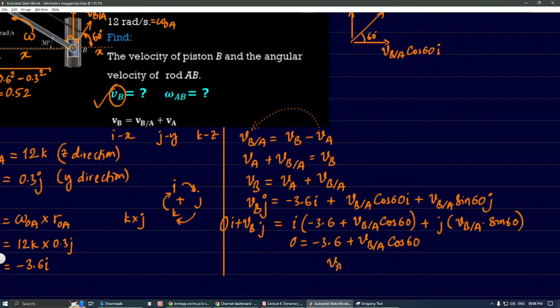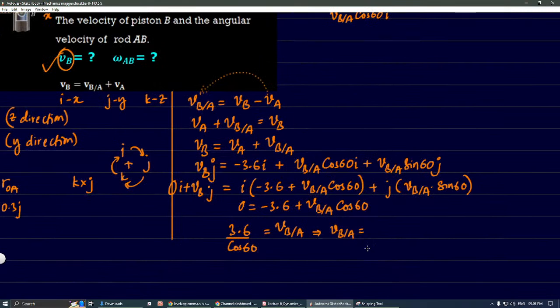Send the terms to the other side. We will get velocity of B with respect to A. This becomes positive first, and this goes down, cos 60. It implies that velocity of B with respect to A is equal to 3.6 by cos 60, and cos 60 is 0.5.